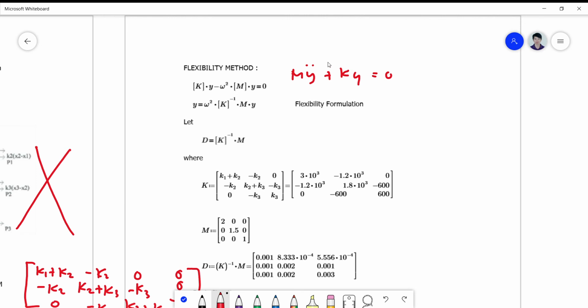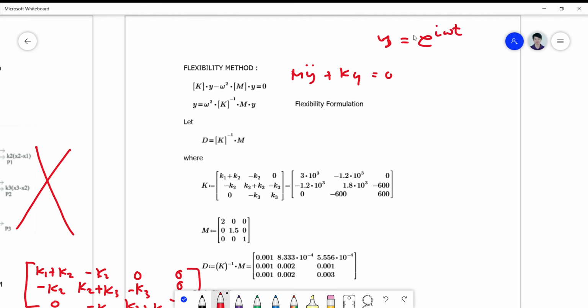Wherein y was assumed to have a solution in the form of the exponential function e to the i omega t.